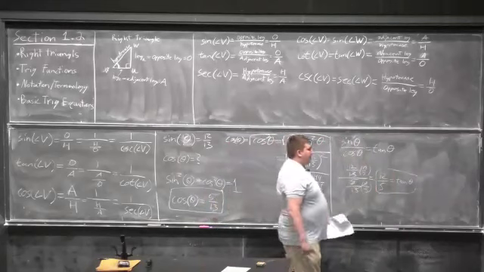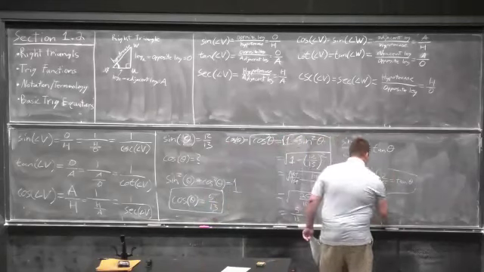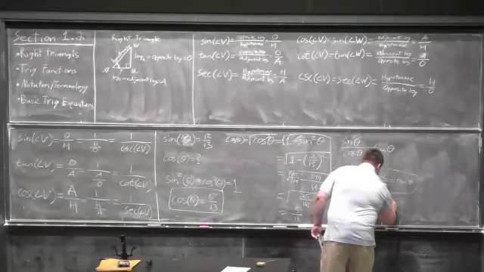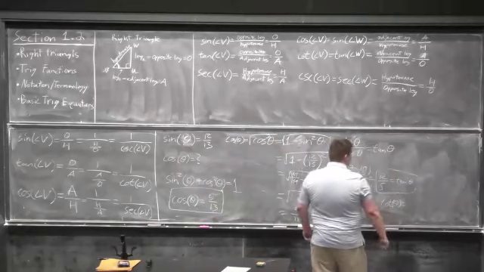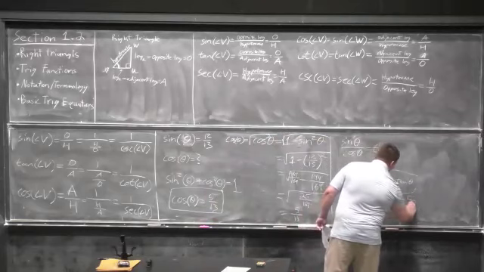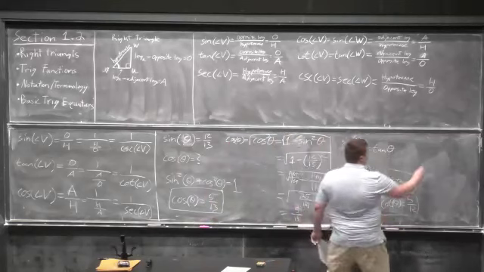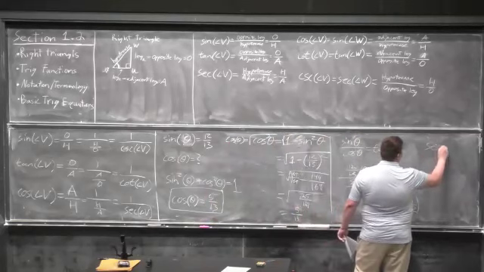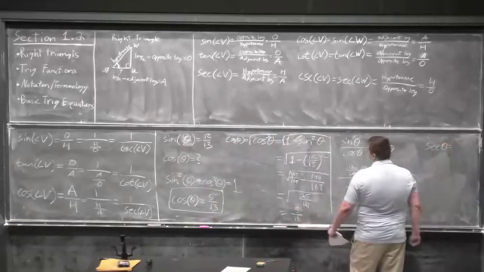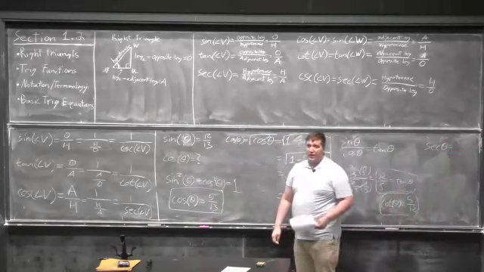So now I want to say, what's cotangent of theta? Well, cotangent of theta is 1 over tangent of theta. So we get 5/12. What if I want secant of theta? Well, secant is 1 over cosine.